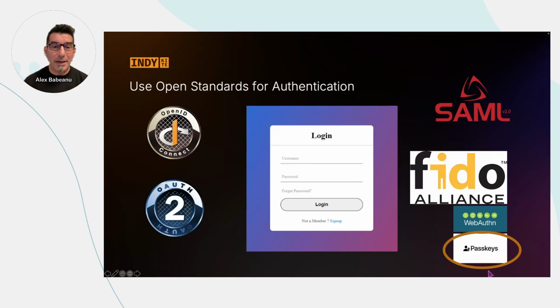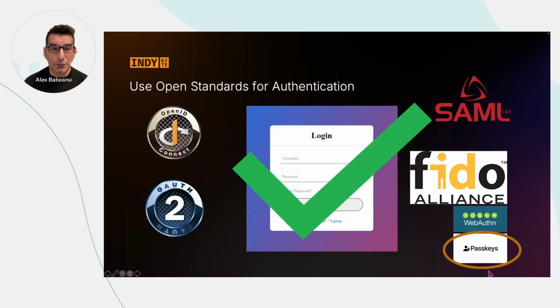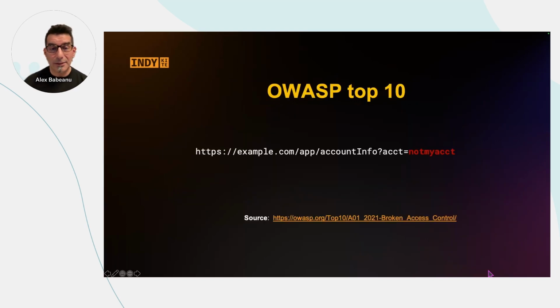Anyway, let's imagine that you've now implemented one of these standards and you can securely authenticate your user. Great. So once you have that and you know who your requester is, then you can easily get rid of this issue, because now if somebody requests an account that is not theirs, well, you can simply prevent that. So that's the first rule, always authenticate your users.